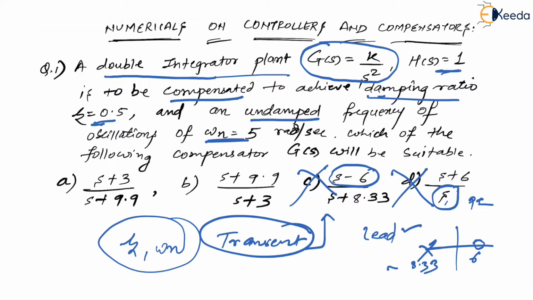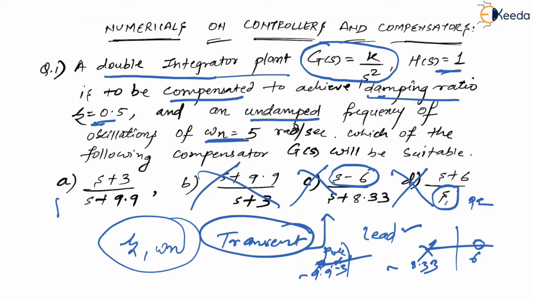What about B? If you see s plus 9.9 and s plus 3, 9.9 means minus 9.9 comes here, and this minus 3 comes here, which means if I am standing at the origin, I see the pole first. Yes, I see the pole first, which means even this is lag, so we don't want this.